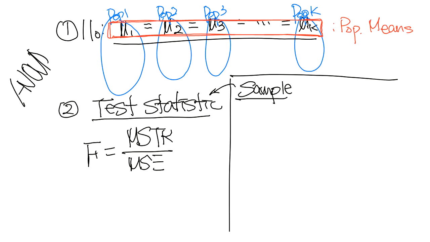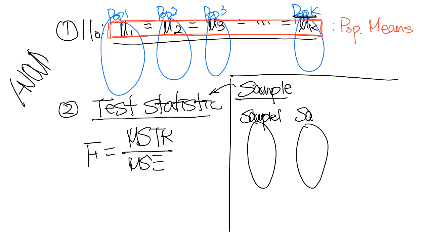So now we have k samples: sample 1, sample 2, and sample k.